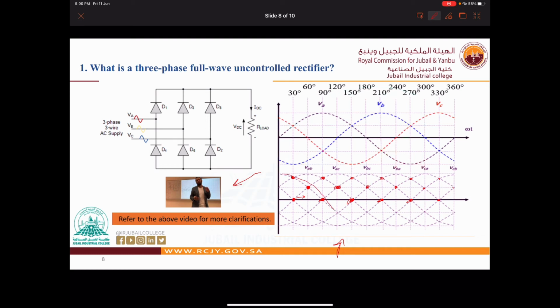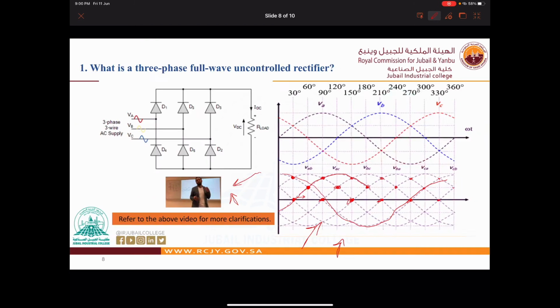You can see how the waveform is working. I explained this wave roughly. You can refer to this video in order to see it more clearly and understand how the waveform is being drawn.